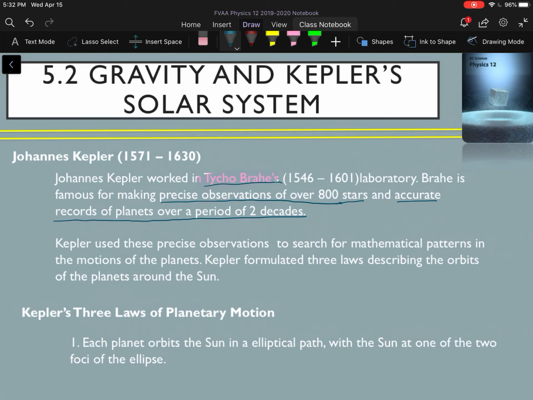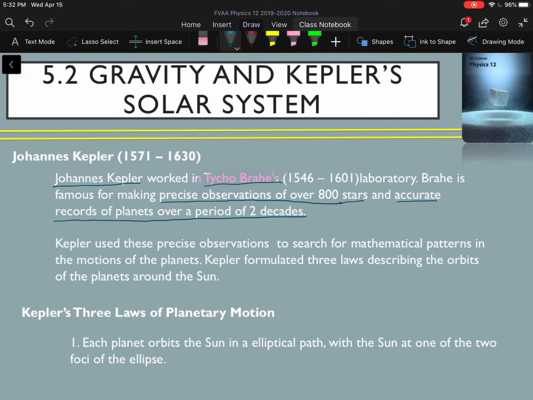And the next person that we're going to talk about is Kepler, the person we mentioned at the beginning, Johannes Kepler. He had the opportunity to work with this meticulous astronomer, and he used his teacher's, his mentor's, notes, precise observations, to search for mathematical patterns in the motion of planets.